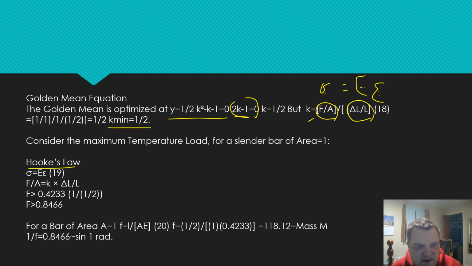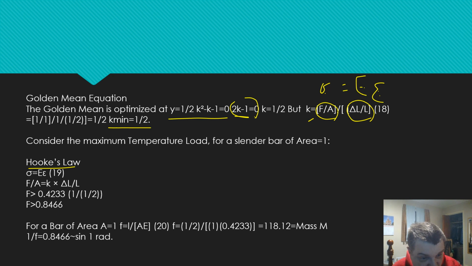So if we consider the minimum temperature load for a slender bar of area 1, we have Hooke's law, sigma equals E, F over A equals K times delta L over L. F must be greater than 0.4233 times 1 over 1/2, which is greater than 0.8466.